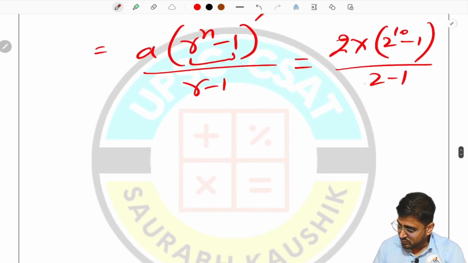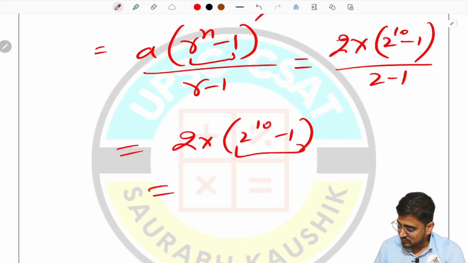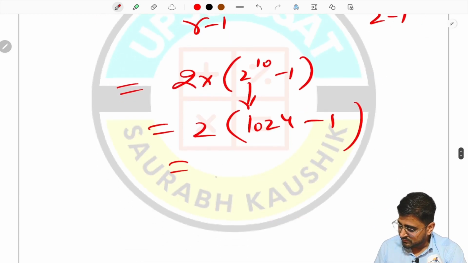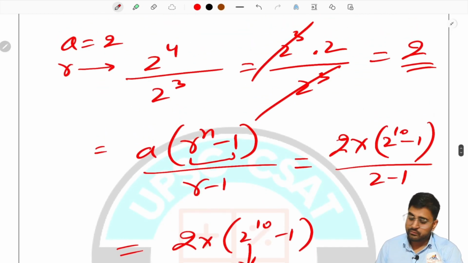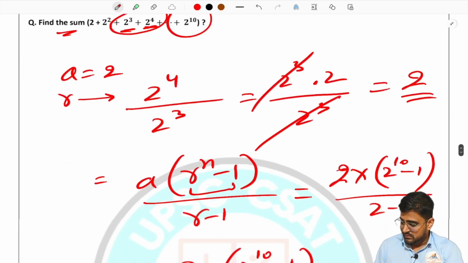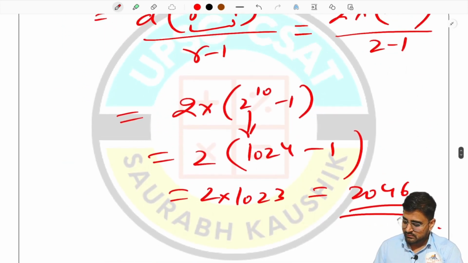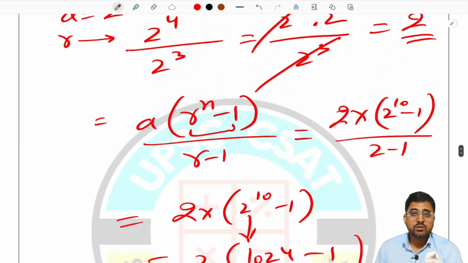So this is 2 into 2 to the power 10 minus 1, and this is 1024 minus 1, and this becomes 1023 into 2, and your answer will be that. Actually we have covered this question as an example. It's kind of repetition, but yes, this is a good question.